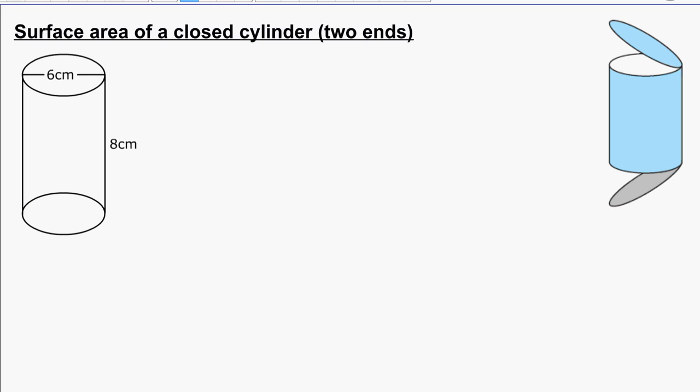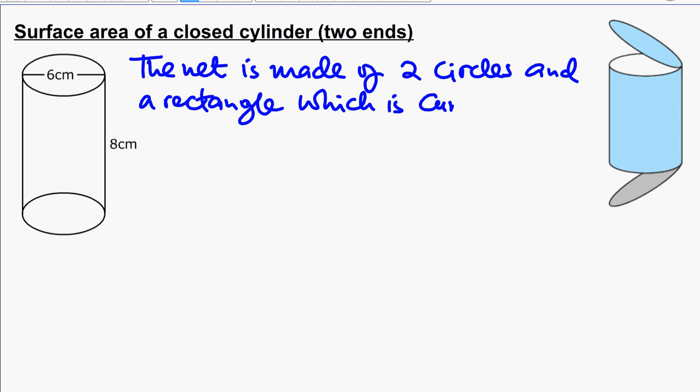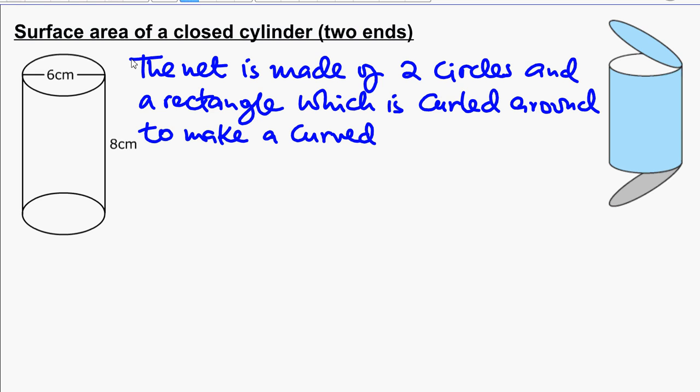So the net is made of two circles and a rectangle, which is curled around to make a curved surface.